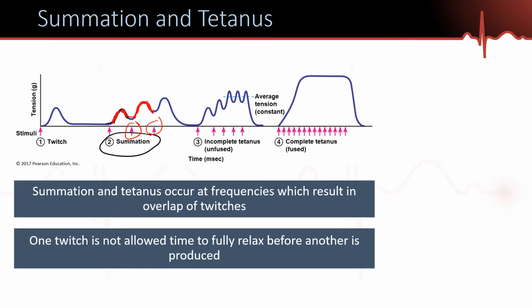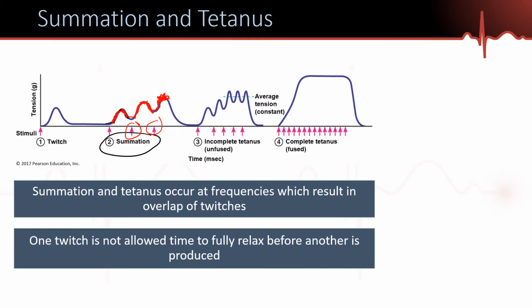But before all the calcium can be reuptaken, another action potential arrives, and now even more calcium is elevated and sustained inside of the muscle fiber, and thus even more force can be generated because more calcium can bind to more troponin. But here's the issue.